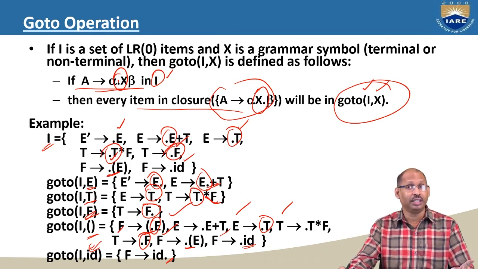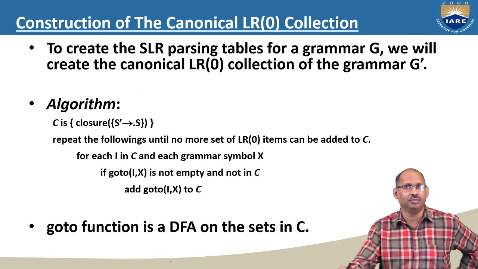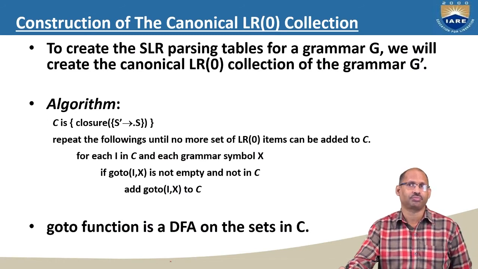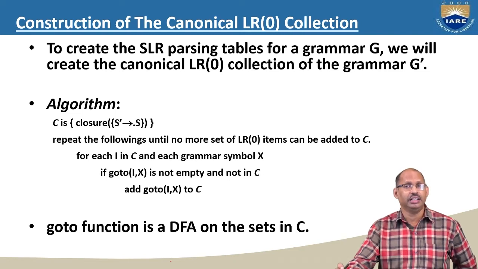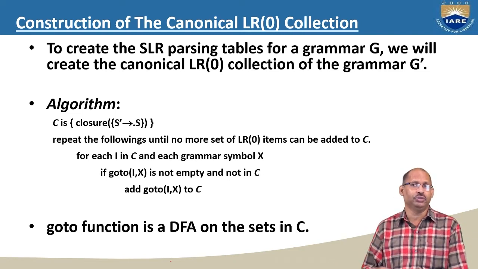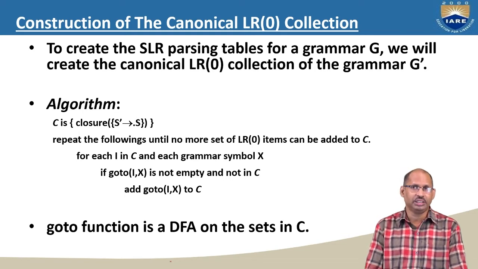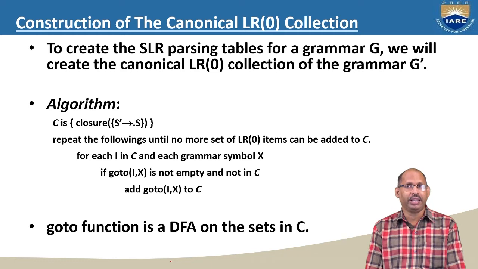This is only for the first group that we have considered. Now we'll see the construction of the canonical LR(0) collections. Here we continue to find the closure of productions, and we apply Goto on the closure.